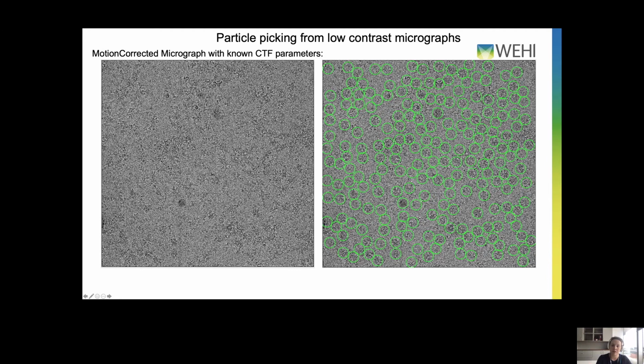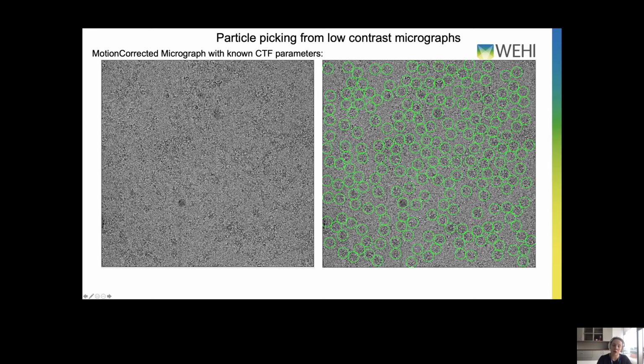And there are multiple ways to do the particle picking. There are different algorithms based on either just the Gaussian distribution of the density, so they assume that you have very dark spots that you're looking for. There are programs that are based on neural network algorithms, and they're very common to use.